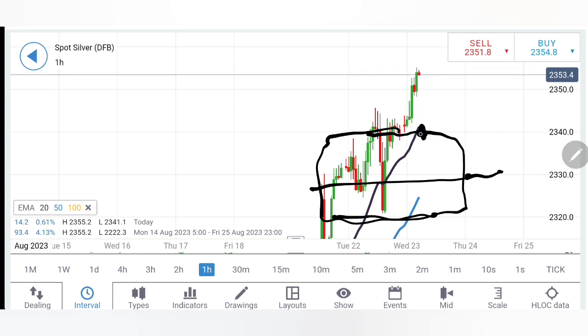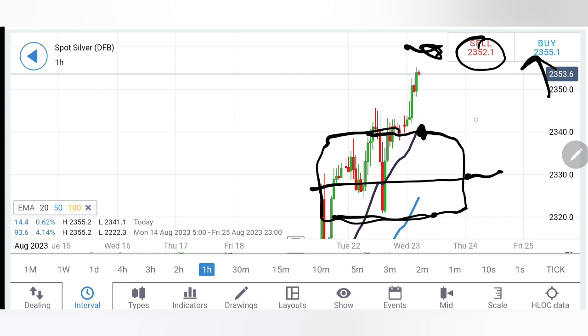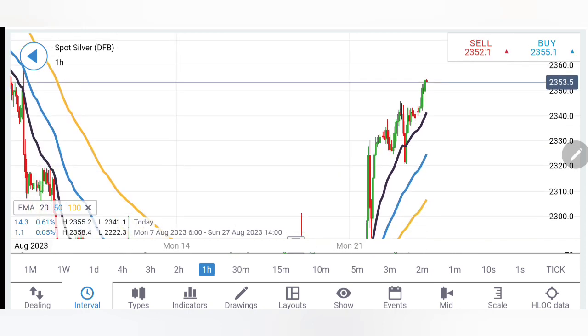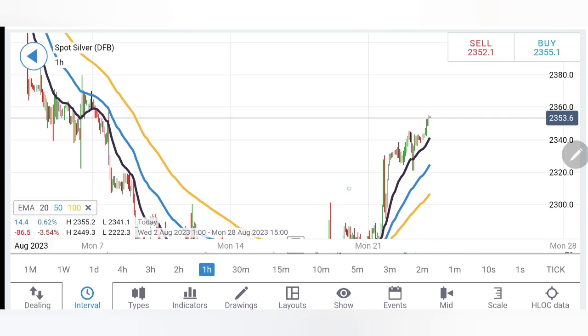If it drops below 2340, that is the selling price, this price without spreads should be below 2340 for the sell entry. So here you can initiate a sell. However, this is still a riskier option. 2330, 2320 are now going to remain strong support. That is the first part, but we will come back to it.